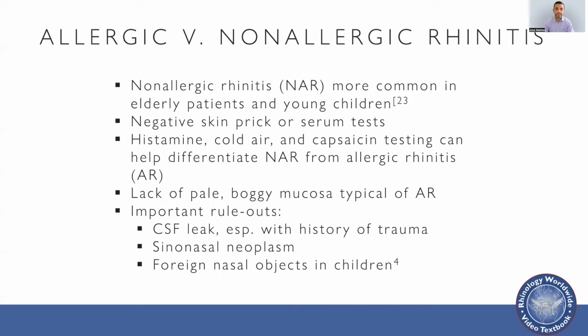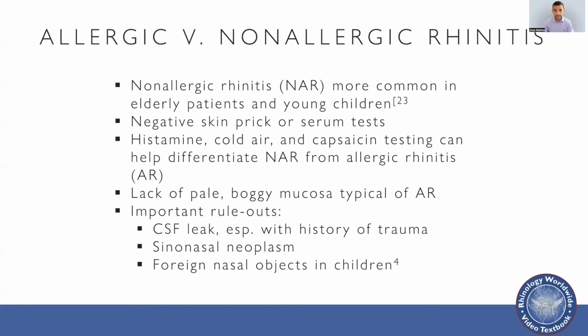Now, whenever we have someone with symptoms of nasal obstruction and clear rhinorrhea, there are certain conditions we must rule out. If someone has unilateral clear rhinorrhea, then we have to rule out something like a cerebrospinal fluid leak, or CSF leak, especially if there's a history of trauma or that they have the demographic characteristics making them at higher risk for idiopathic intracranial hypertension.